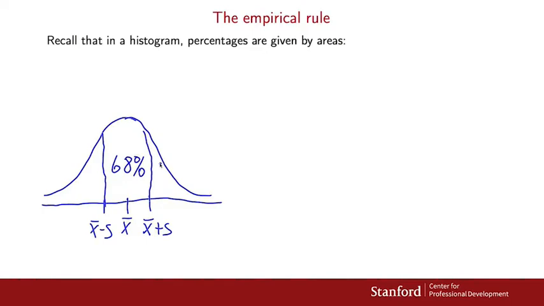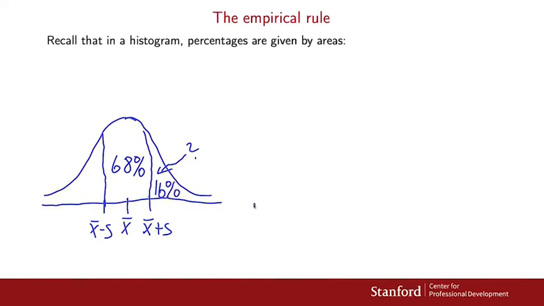Now, can I say something about how many data are bigger than 1 standard deviation above the mean? Well, if 68% fall in the middle, that leaves 32% on the outside. And since the histogram is symmetric, it must be half on each side, so this would be roughly 16%.